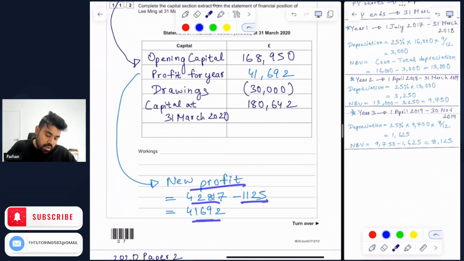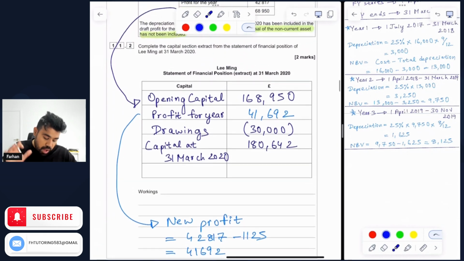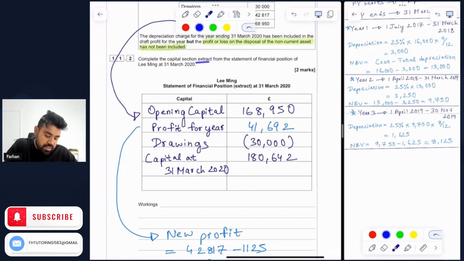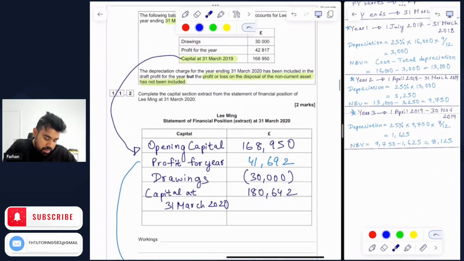£41,692. Now, if you want to complete the capital section extract at 31 March 2020, we start with the opening capital. So the opening capital, as I've explained earlier, is the closing capital from end of previous financial year at 31 March 2019. So you can write opening capital or you can write capital at 1 April 2019. It's the same thing. And it's £168,950.